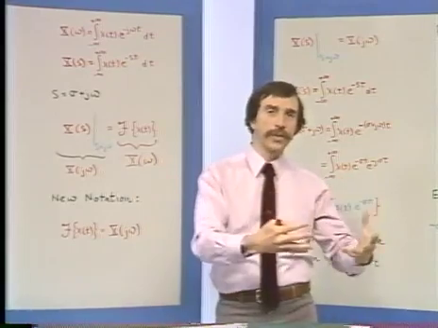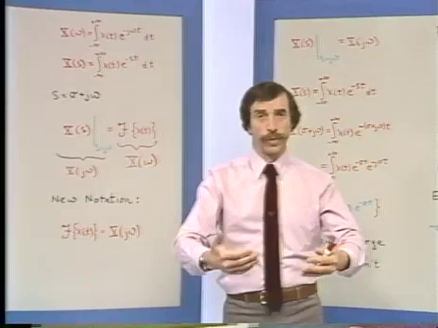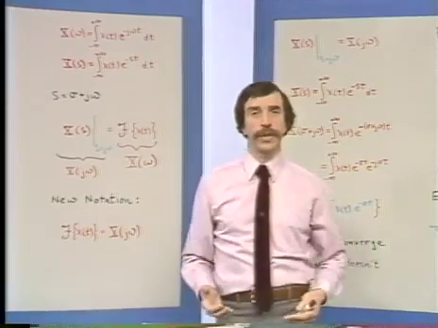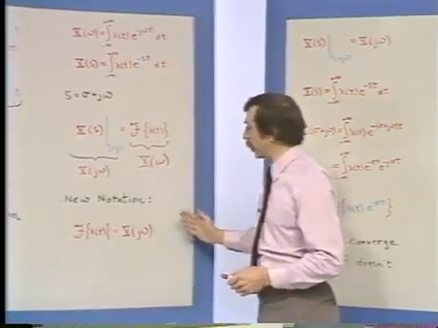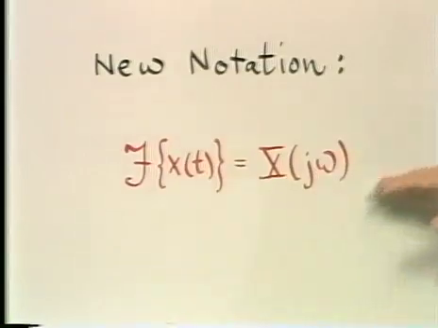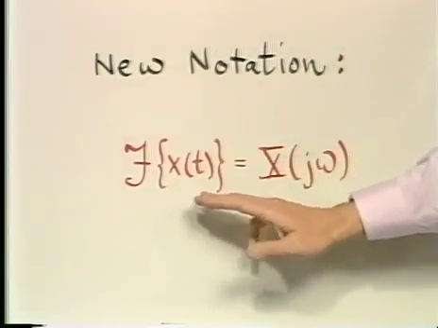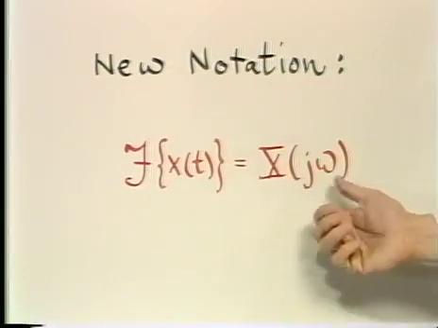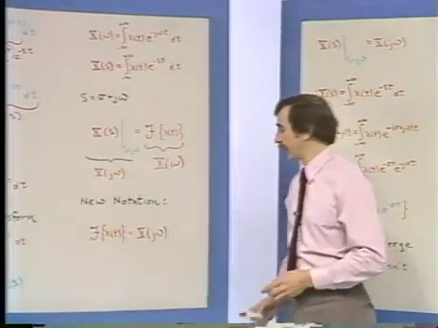In other words, the Laplace transform at s equals j omega just simply reduces both mathematically and notationally to the Fourier transform. So the notation that we'll now be adopting for the Fourier transform is the notation whereby we express the Fourier transform no longer simply as x of omega, but choosing as the argument j omega. Simple notational change.